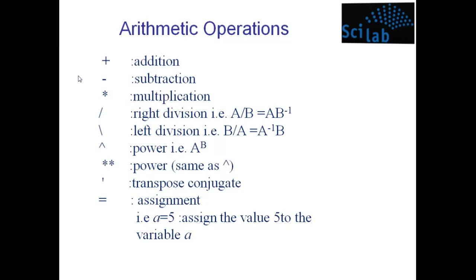Double asterisk can also be used for a power operation, single right quote for transpose conjugate, equal to sign for assignment, that is assigning some value to the variable.